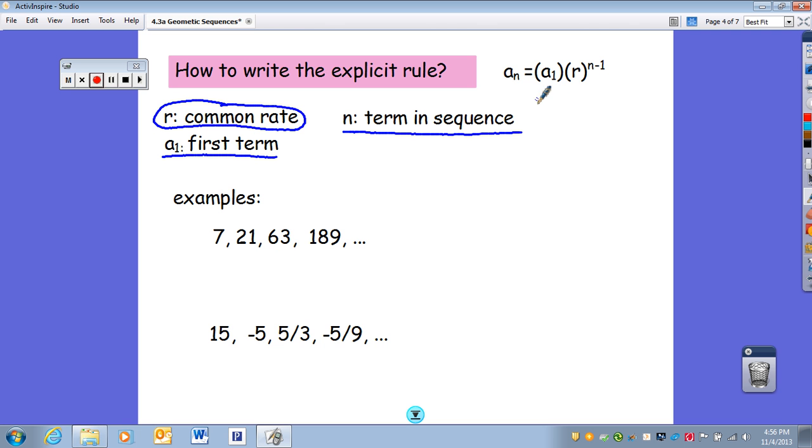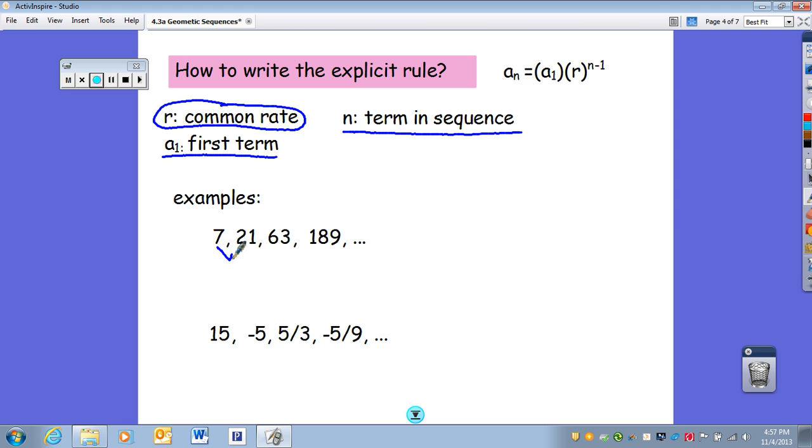So here's the formula. a sub n means what term am I looking for? I simply take my first term, and I multiply it by the rate, which is to the power of n minus 1. So let's take a look at this example.